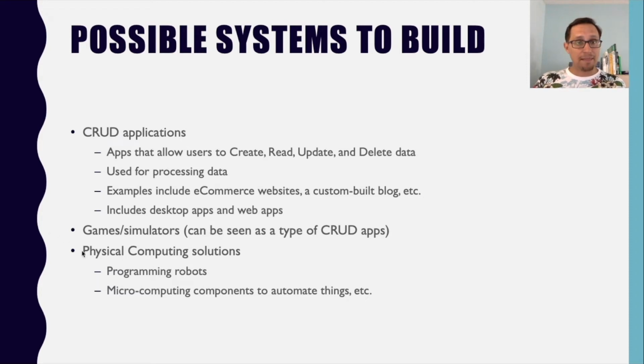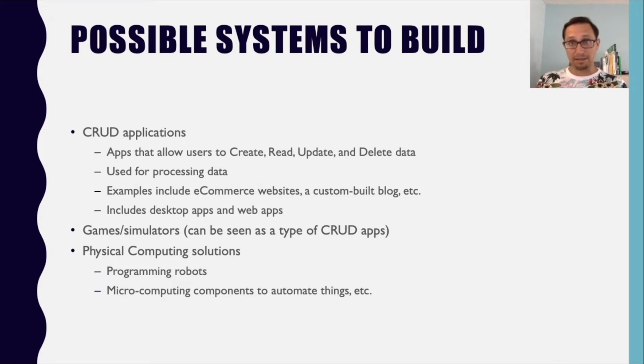And then physical computing solutions. This involves programming robots as well as using microcomputing components to automate things. Students have used Arduino units in the past and connected them to a pump or a sensor or both. When the sensor does one thing, it triggers the pump, for example.